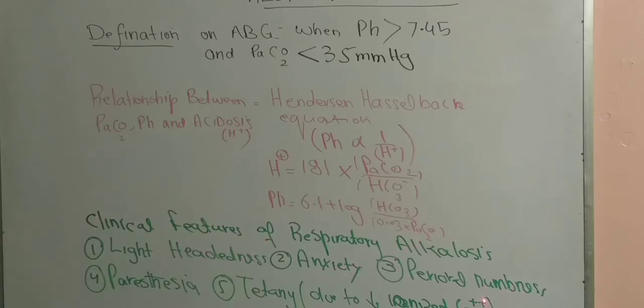There can be perioral numbness. The patient may have a pins and needles sensation in the body, which we call paresthesia, because in cases of acute respiratory alkalosis, we see that there is increased binding of calcium with albumin, so there is a decrease in the ionized calcium in the body, which causes tetany. So these are the clinical features of respiratory alkalosis.